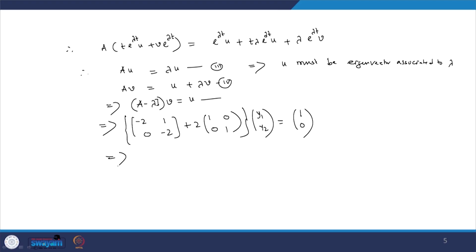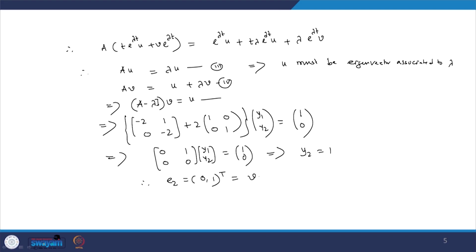So, if you simplify it, I am getting (0, 1; 0, 0) into (y1, y2) equal to (1, 0). So, this implies y2 equal to 1. So, I can consider e2 equal to (0, 1) transpose, which is equal to v, please.